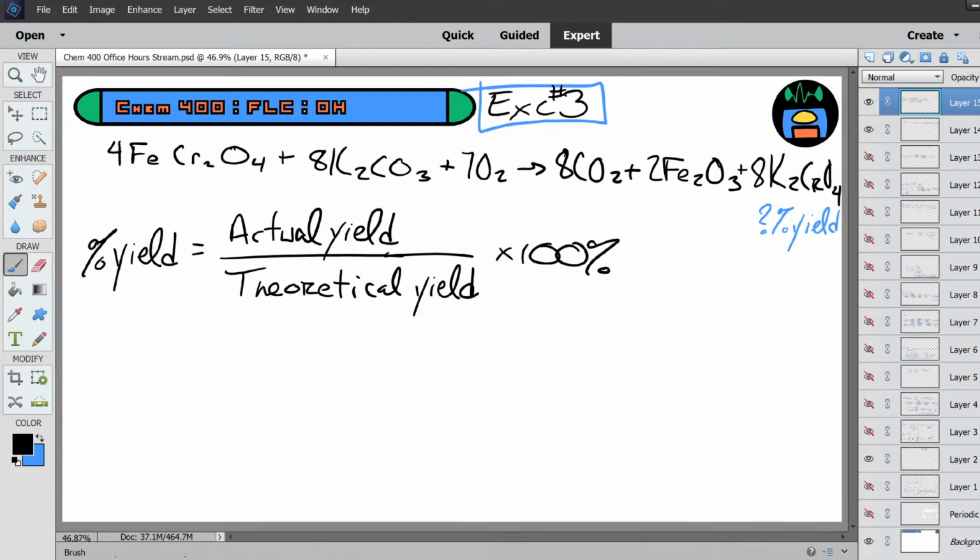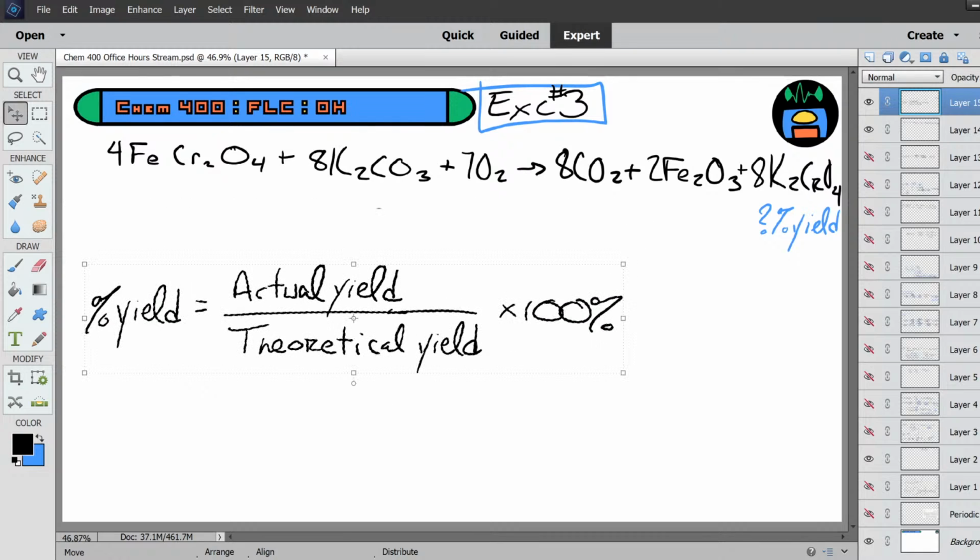And in this problem, here's what's given. Actually, I'm going to scoot this equation down just a little bit. They tell us in the problem what the actual yield is. Since we know the actual yield, all we have to do is calculate what the theoretical is.